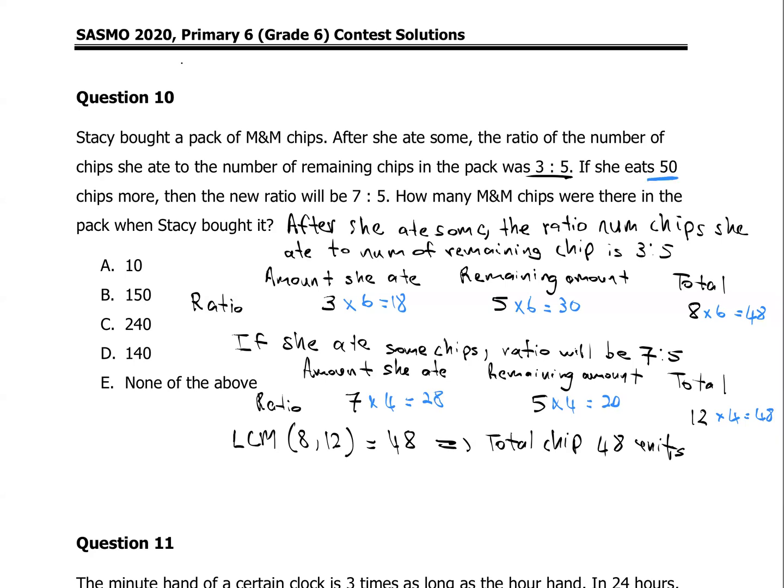So now we know over here that after she eats 50 more chips, the amount she ate was 18 in ratio, but then after she eats some more chips, the ratio goes up to 28. So 28 minus 18 equals 10 units, and 10 units is 50 chips, as we know here.